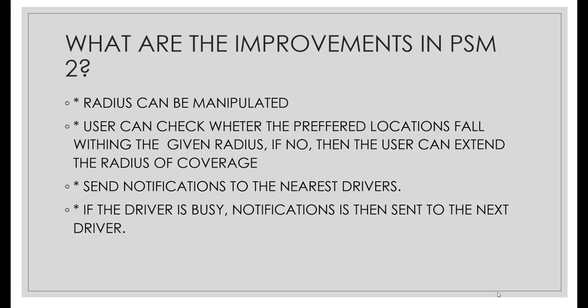The user can also check whether a location falls within the given radius, meaning the user can scan the radius and see whether a given location falls within it. It is like scanning a list of locations and displaying them in a list view.